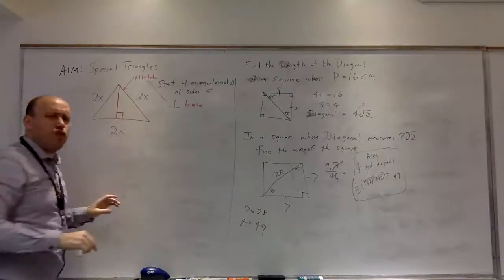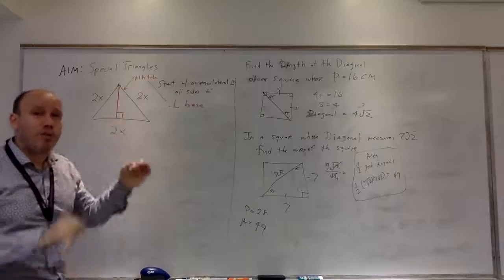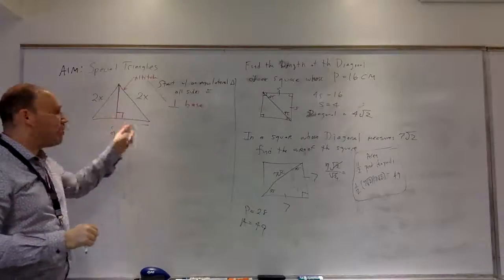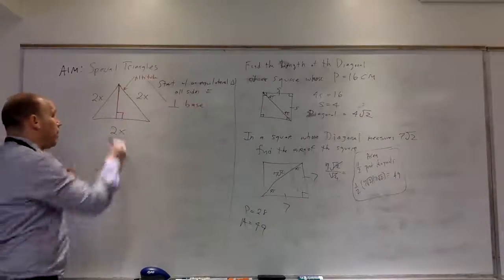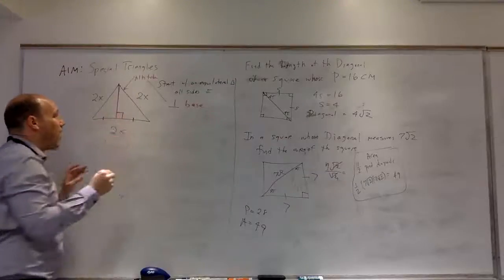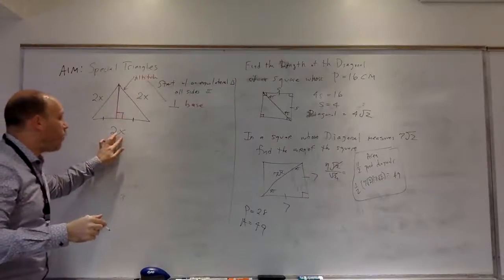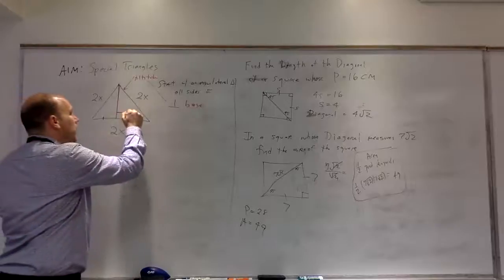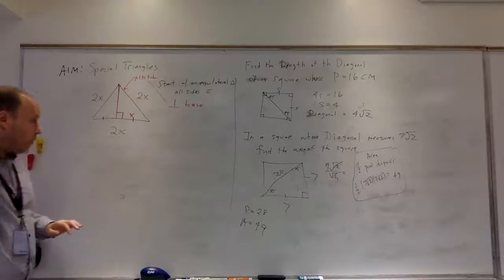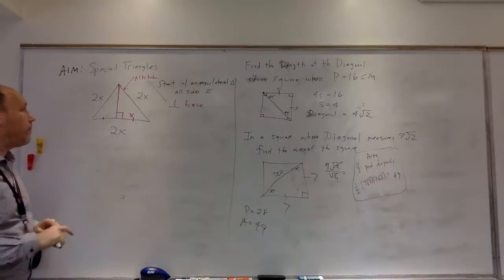What else do you think that altitude in an equilateral triangle does to the base? It bisects it. Now, this is kind of cool. If the whole segment was 2x, each of these was x.